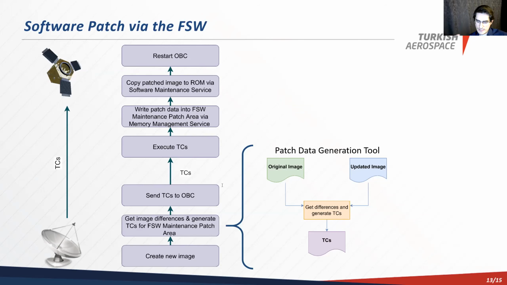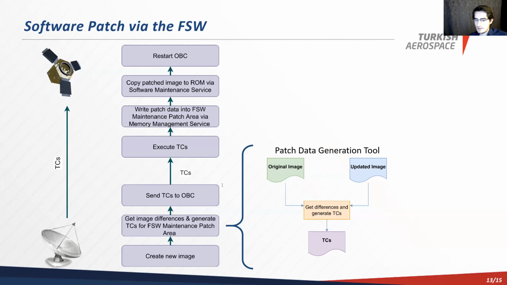As it receives our telecommands, it overrides the areas in the RAM. These telecommands have information in them that indicates where in the memory they are supposed to overwrite. After all of these telecommands are sent, the image in the RAM is fully patched.